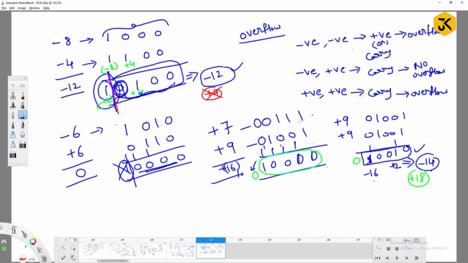Right? Meaning that when you are trying to add two positive numbers, when there is no carry or when there is a carry, you have to tell the compiler that there is an overflow. When you say that it is an overflow, what will the system do?